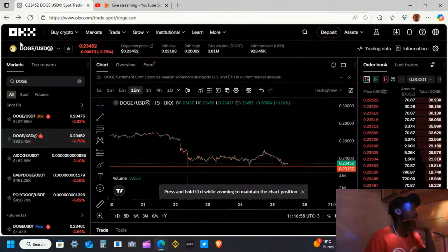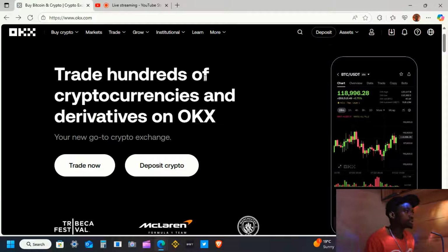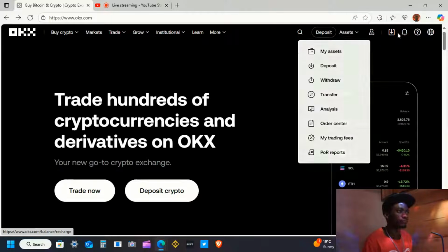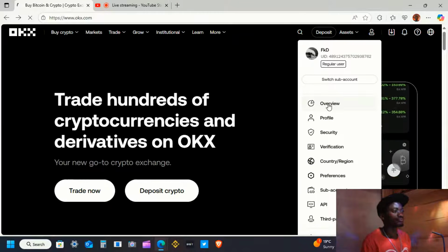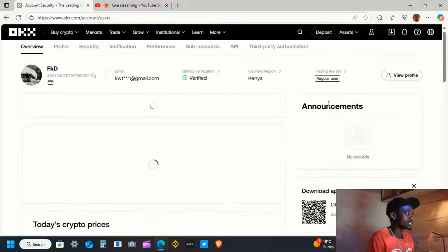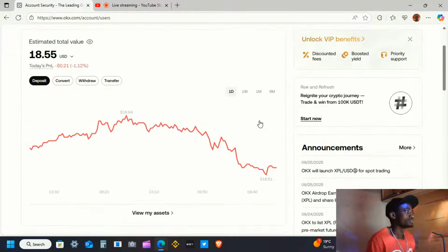Let me go back again to see why it is not reflecting that the asset has converted. The asset I've converted is not reflecting. Let me just check.